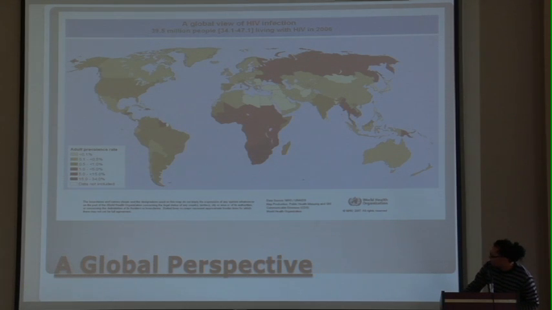This map just gives us a global perspective of HIV prevalence. The red and the dark red colors indicate the highest rate, while the white color indicates the lowest rate. So as you can see, throughout Africa, it's quite high compared to the rest of the world. Next slide.